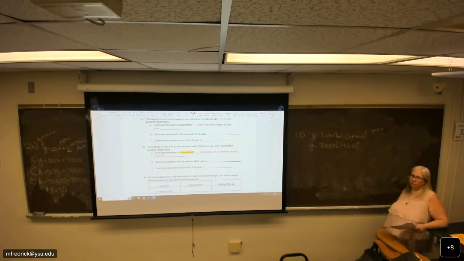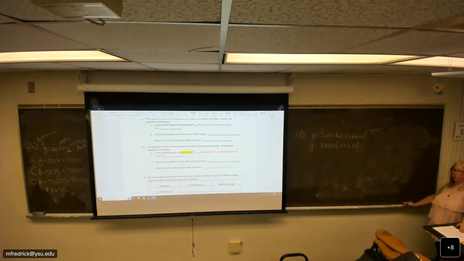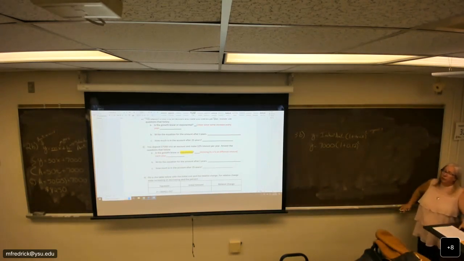They both show increasing or decreasing. Linear grows or decreases by the same amount each time. Exponential grows or decreases by a percent. In our example, both of these are growth. Any questions on that?